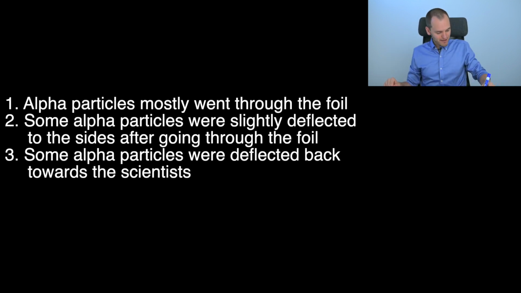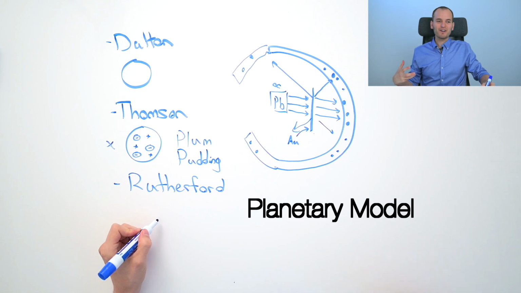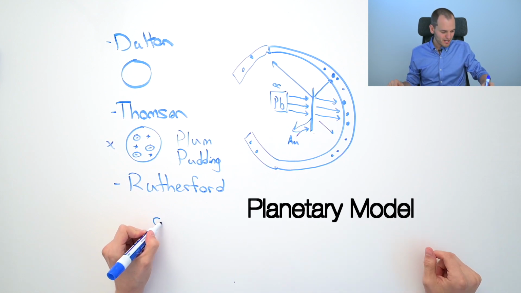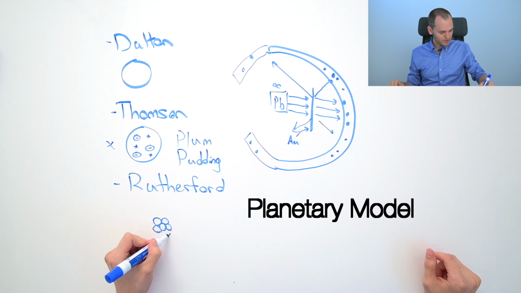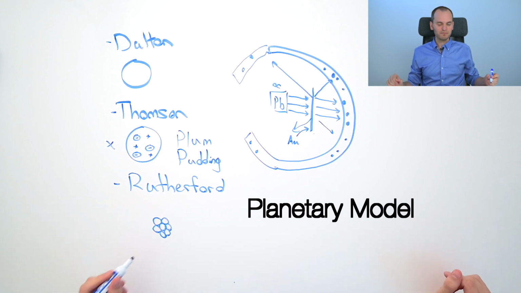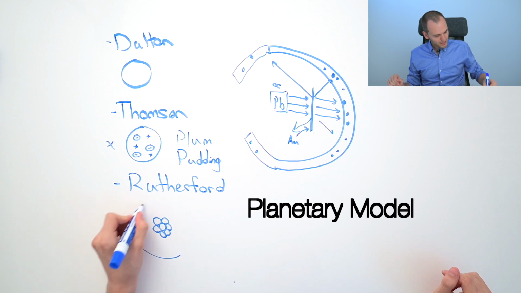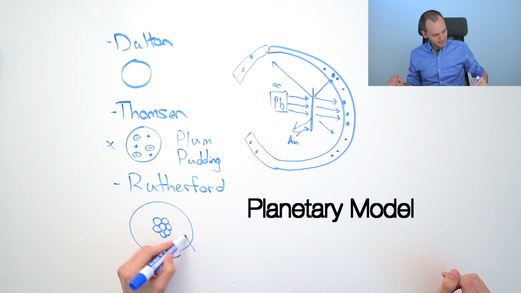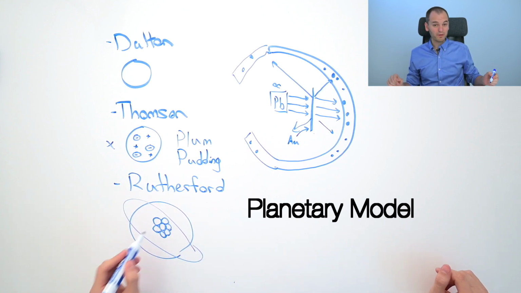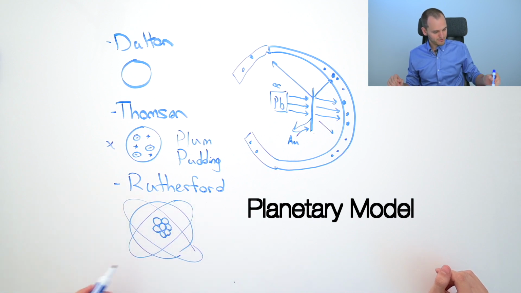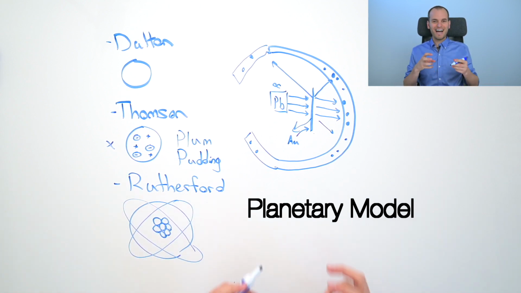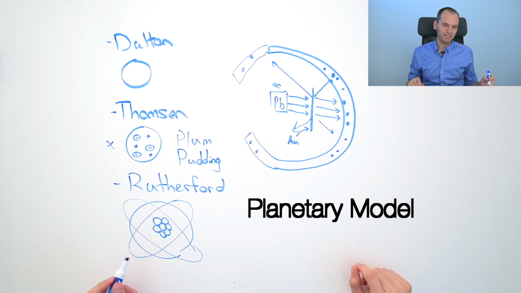So what Rutherford came up with was something known as the Planetary Model. And this had the nucleus, I'm just going to draw it kind of like some grapes, and the electrons orbiting, hence planetary model, around that center of the atom.